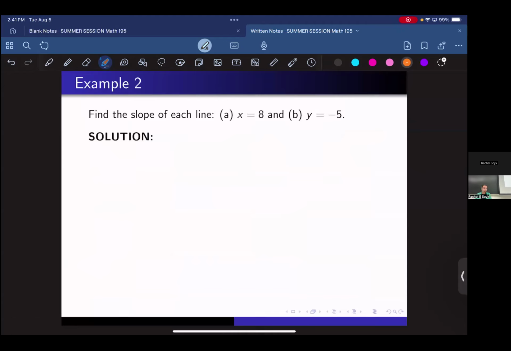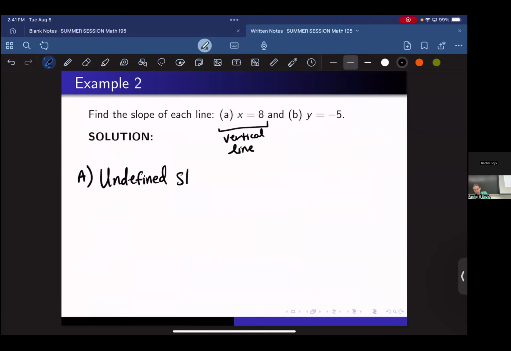So now we're asked to find slopes of these lines. x equals, is it a horizontal or a vertical line? Vertical line. All vertical lines have undefined slope. y equals is horizontal or vertical?